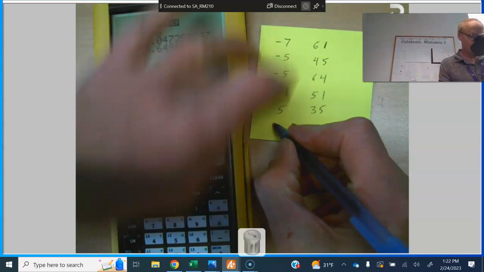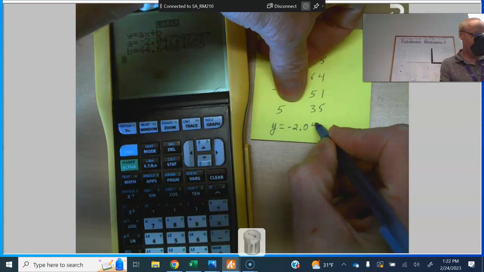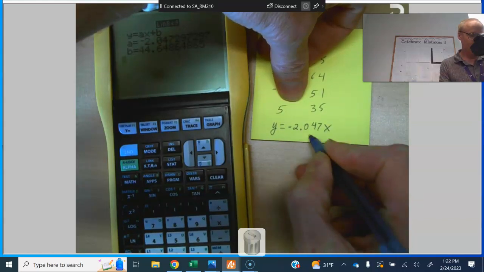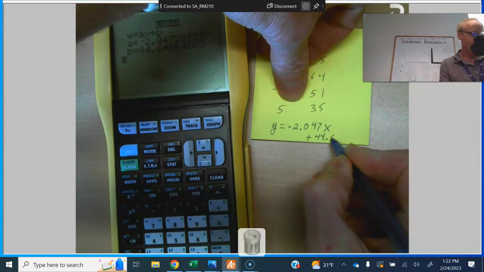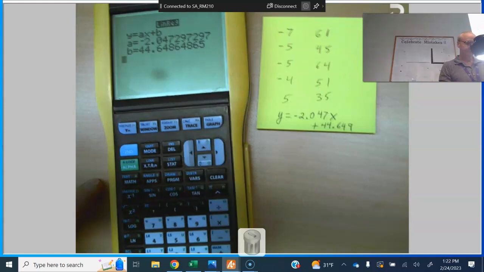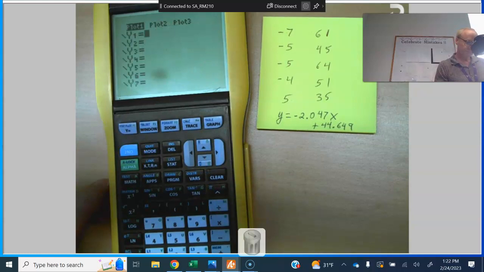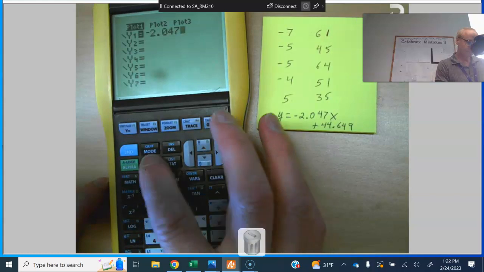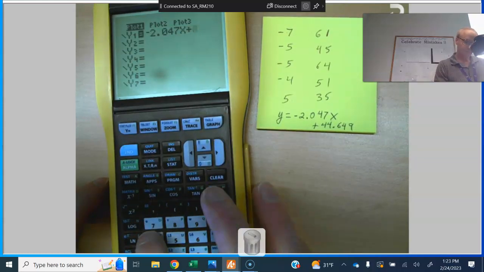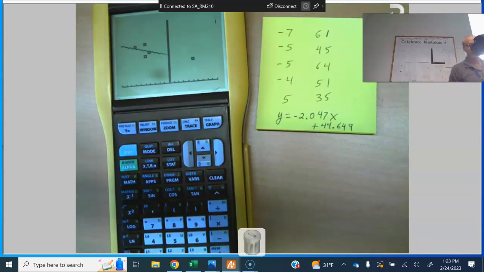Y equals -2.047x plus 44.649. And there's my line of best fit, or least squares regression line.